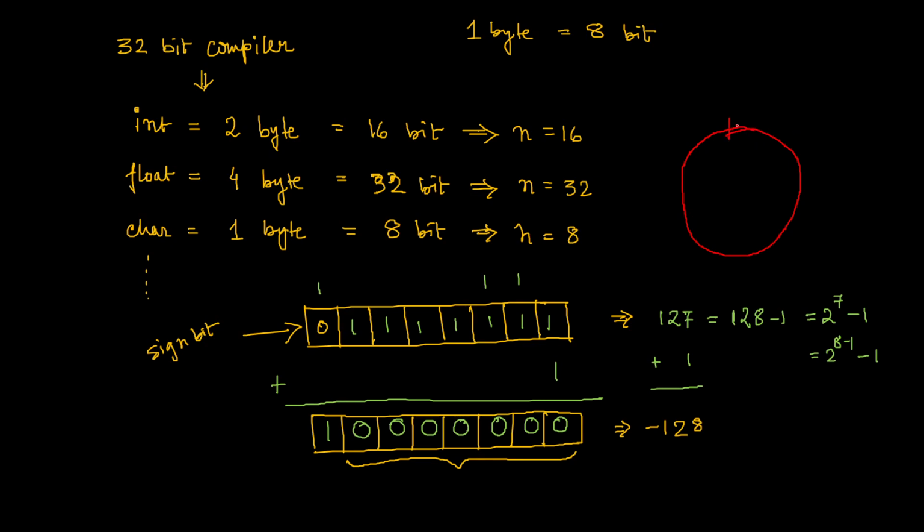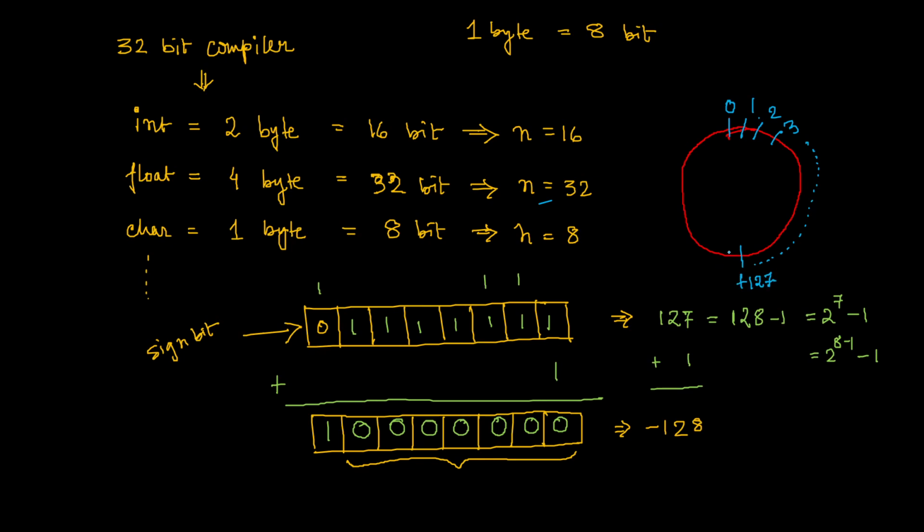Suppose it is 0. You are adding 1, it is 1. You are adding 2, add 1 again, 2, 3. In this way, it will go on increasing up to, suppose, plus 127.